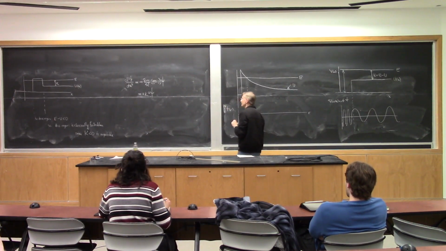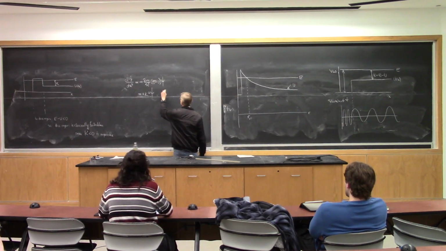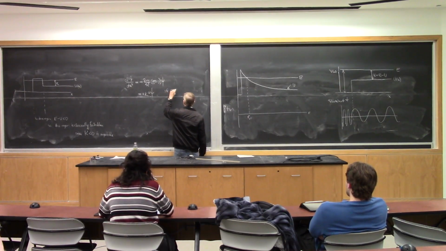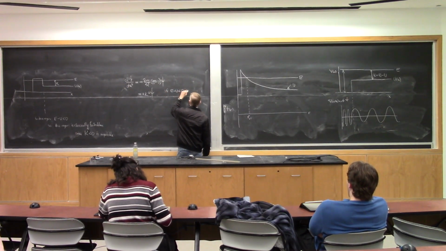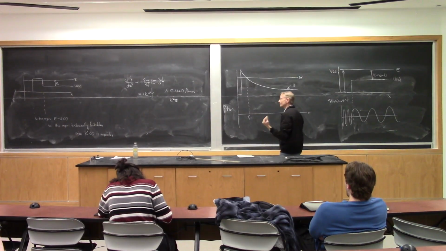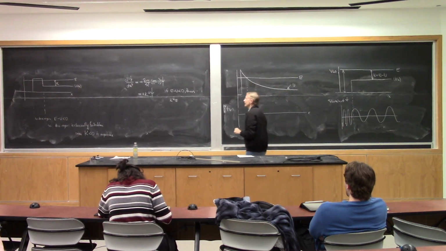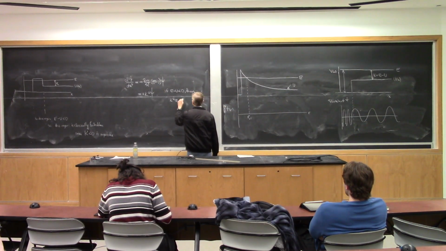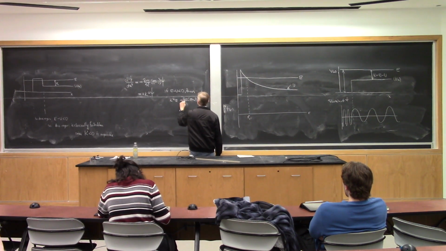If E minus U is less than 0, then kappa squared, we'll call it kappa instead of k to indicate the change that has happened here, kappa squared equals minus 2m (E minus U) over h bar squared.